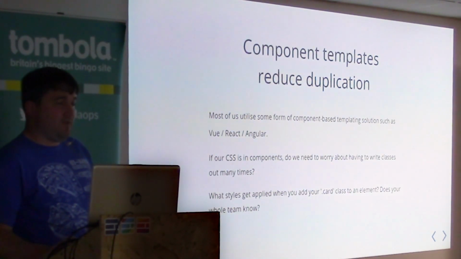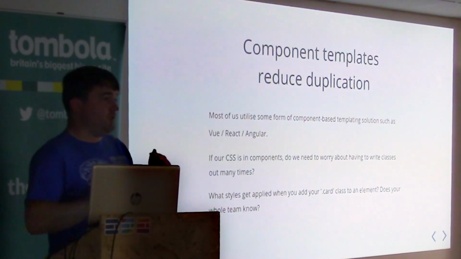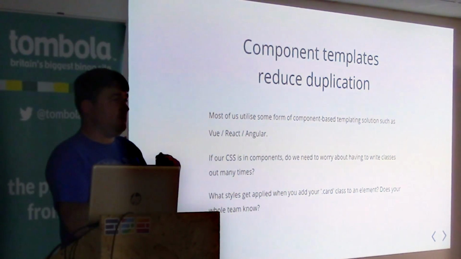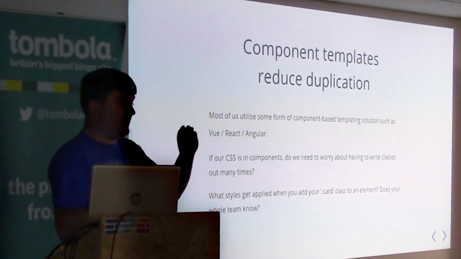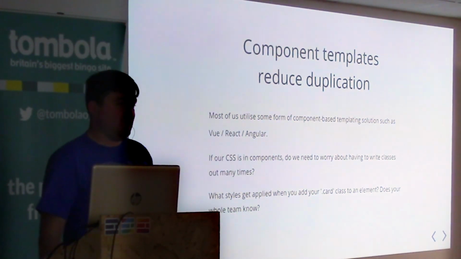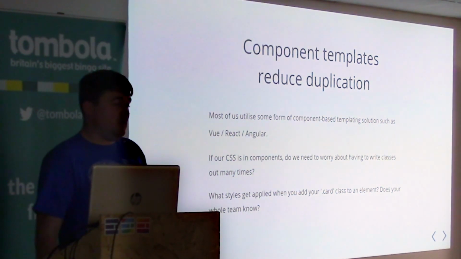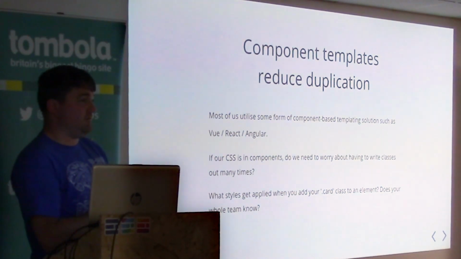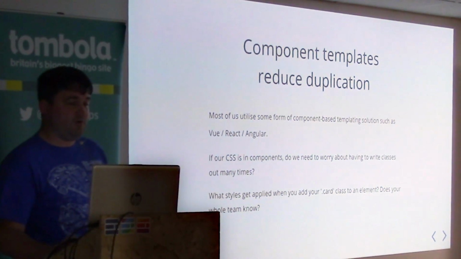So we have the problem there, though, where we've got all of those classes, and every time you create a new element, you need to have those classes per element, which can get really tedious, and you just forget to put one on the next one, and you don't know what's going wrong.